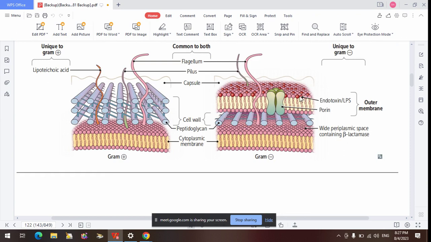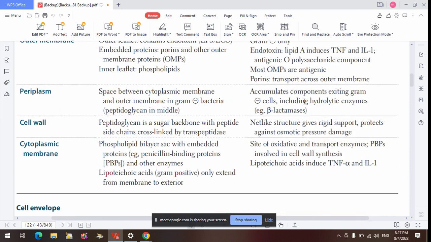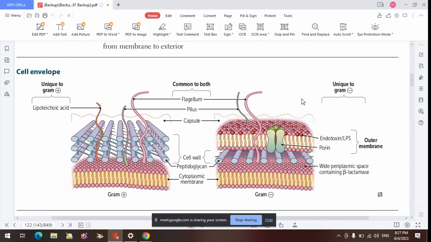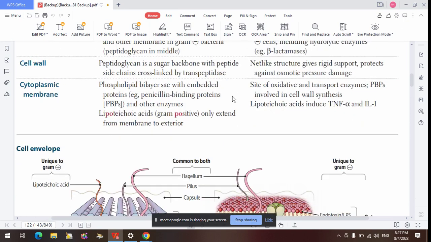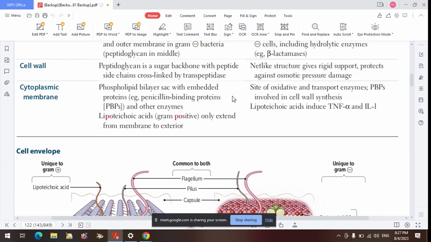Then the one that is most outward is the outer leaflet that contains this red area. So the inner is mostly phospholipids, while the outside is both phospholipids and the endotoxin, the lipopolysaccharide. Let's just take it like that, at least from what we are seeing in the image.